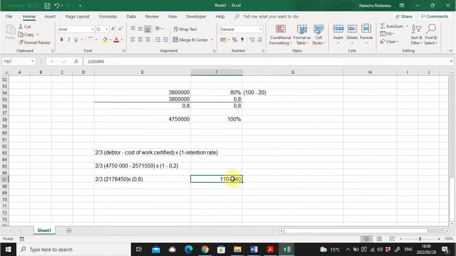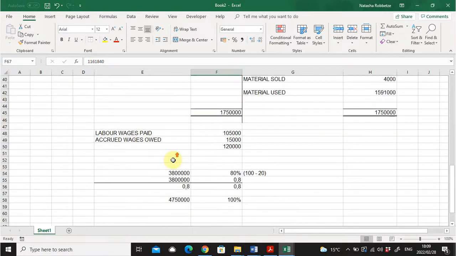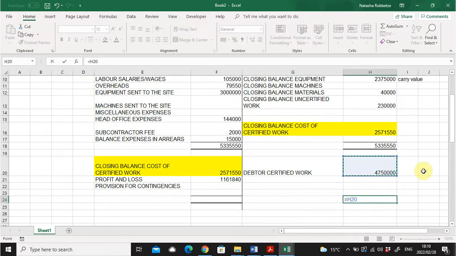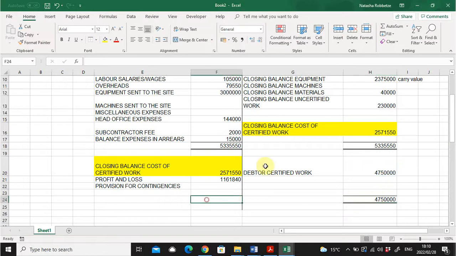And this amount, I need to go back to my T account. So I'm going to go and fill it out. 1,161,840. We need a balancing figure here. So now we're only going to take the debtors work certified here on the credit side.